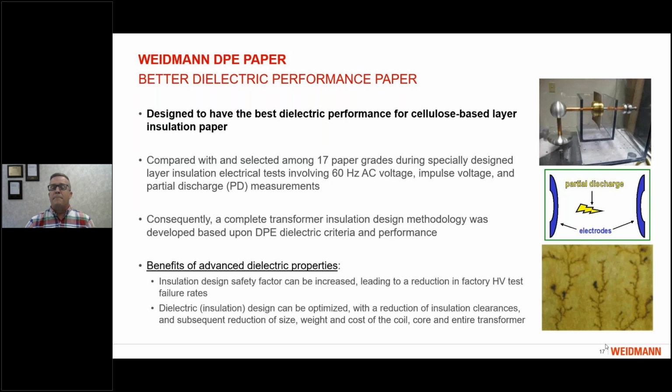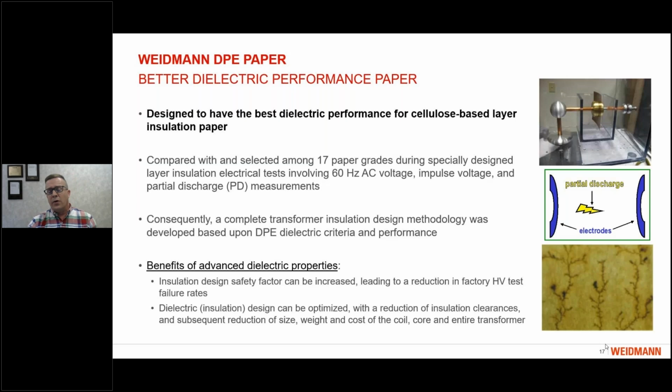The combined results of this study, looking at PD inception, AC breakdown, and impulse breakdown, let us develop a special set of insulation dielectric design rules specific to DPE, which we can bring to our customers to help with their dielectric design. So there's the potential to reduce clearances and ultimately optimize size and cost due to the improved dielectrics with DPE.